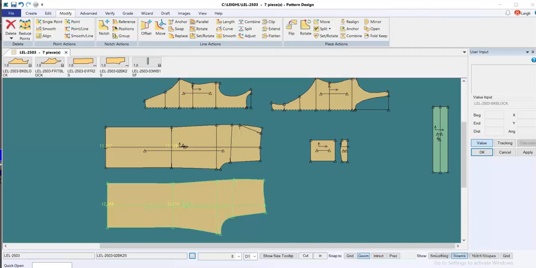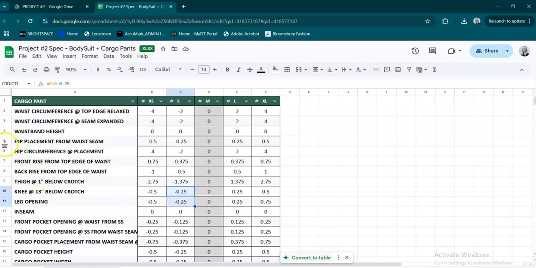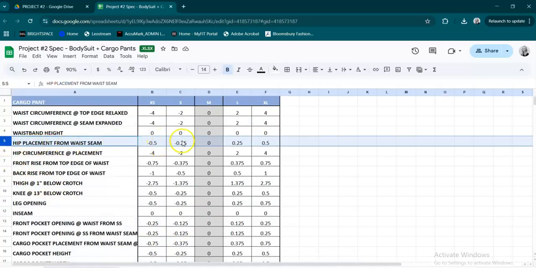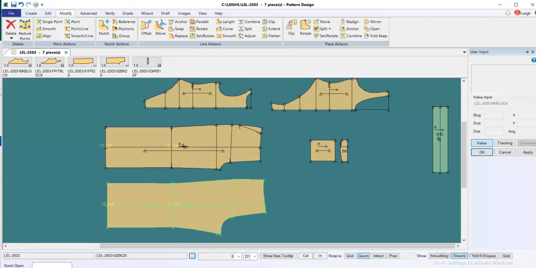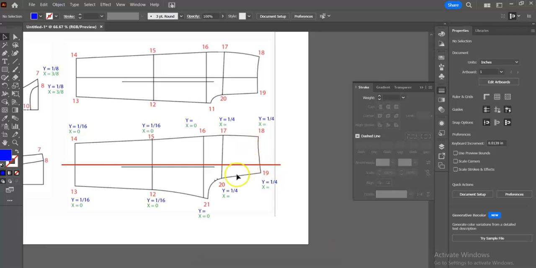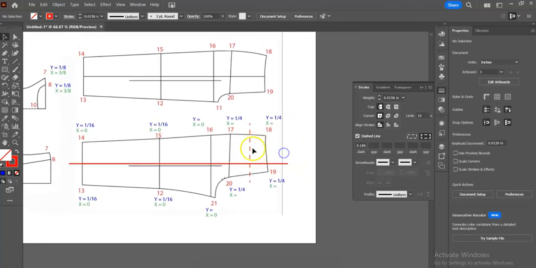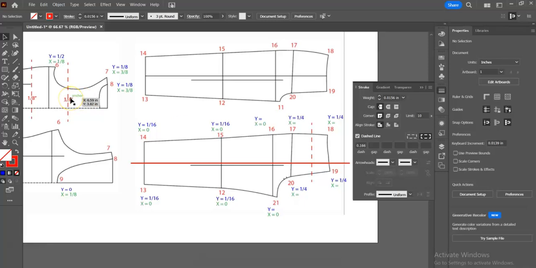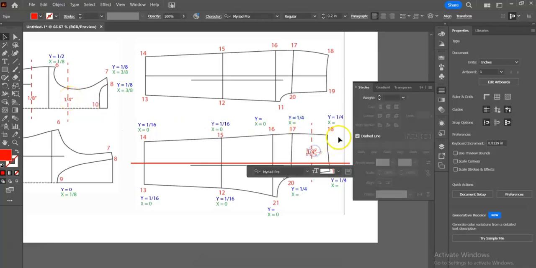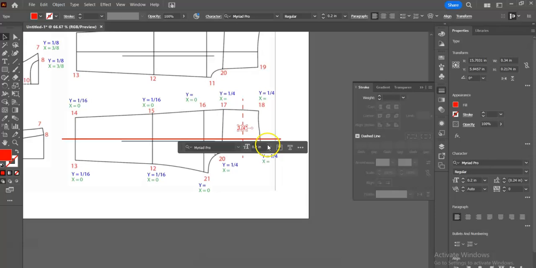So our hip placement is 1/4 of an inch per size. So that means that essentially we have a slash line here, okay? And we're going to consider this slash line 1/4 of an inch. All right, great.